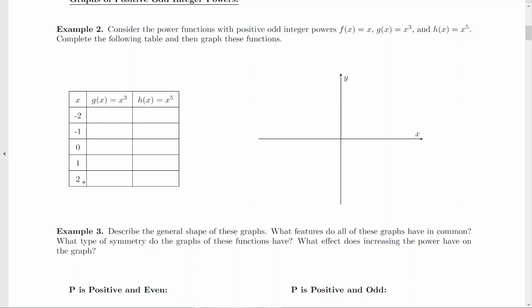0, 1, and 2. Our output values are going to be determined by the functions g of x equals x cubed and h of x equals x to the fifth. So you're going to substitute in -2 for x, cube it, and come up with -8 as the output. Do the same for h of x equals x to the fifth.